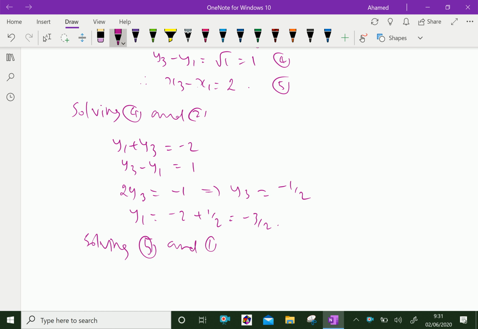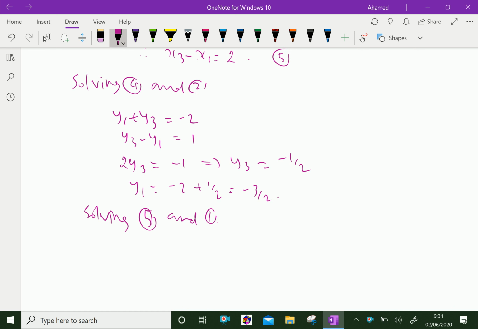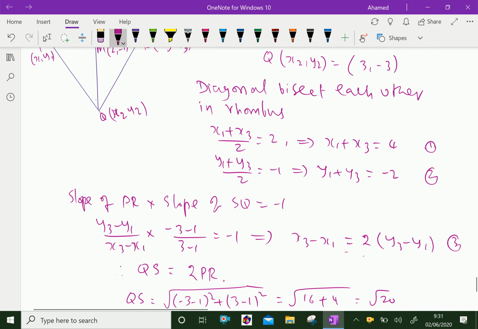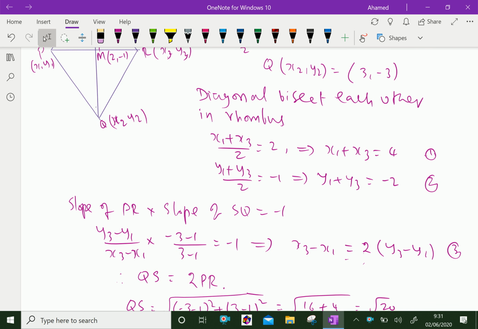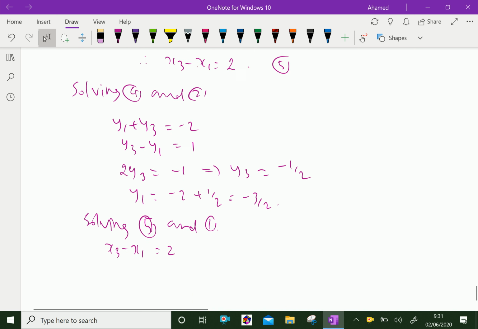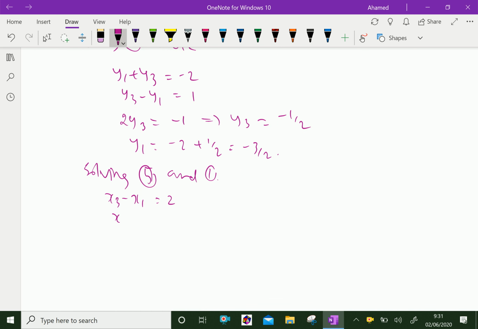Equation 5 says x3 - x1 is 2 and equation 1 says x1 + x3 is 4.